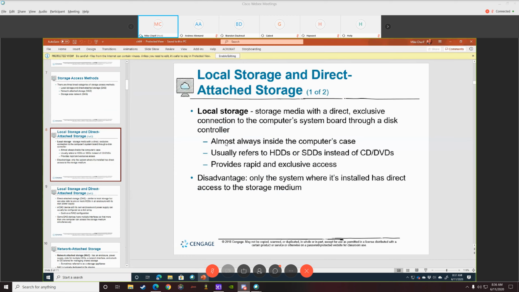That part of the motherboard is what they call the controller, where it's connected. It is almost always inside the computer case, which is true, and it usually refers to hard disk drives or SSDs instead of CDs or DVDs. It provides rapid and exclusive access.